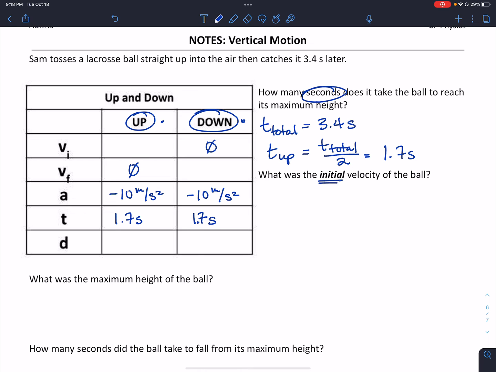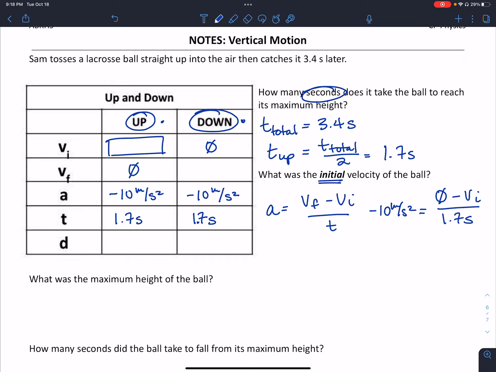What was the initial velocity of the ball? So we're looking for v initial. I look at the information I've been given, and I can solve my acceleration formula for v initial. So I've got negative 10 meters per second squared equal to 0 minus v initial, divided by 1.7 seconds.